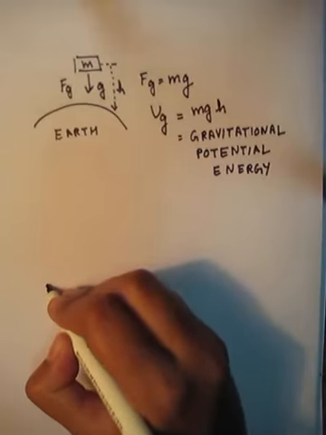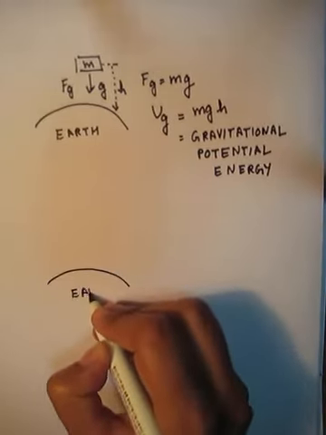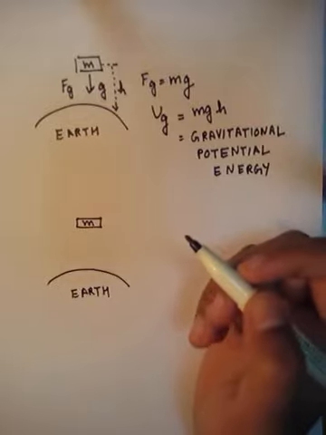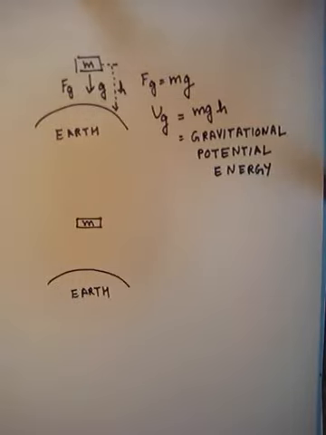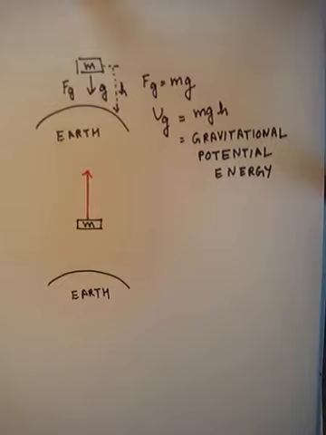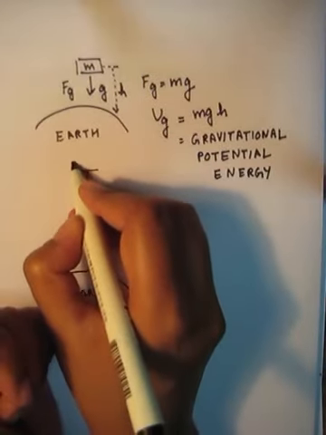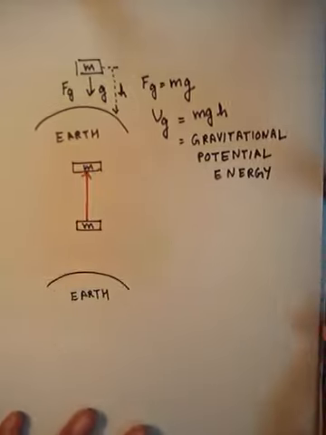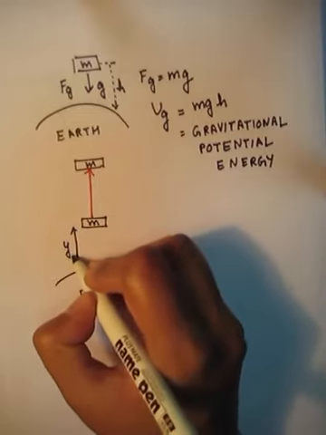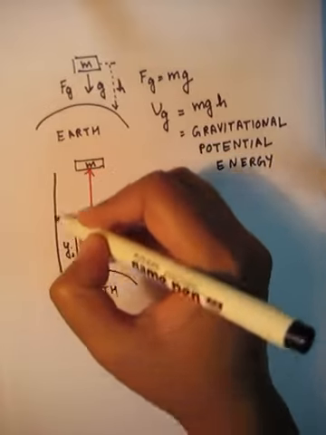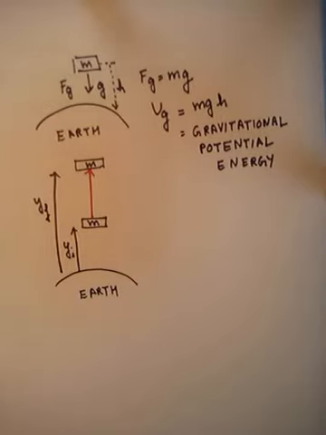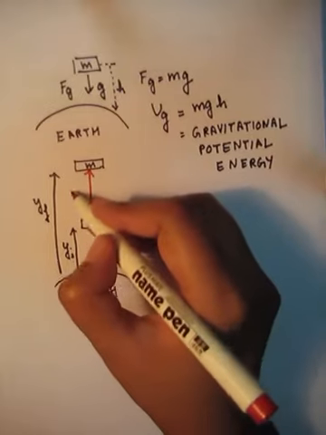Now suppose that on Earth there is an object which has a mass of m, and you apply some external force and you move this object to some other height, and let us say you've moved this object to this point, and suppose that initially the height is yi and the final height is yf, and the force we are using here is some external force.